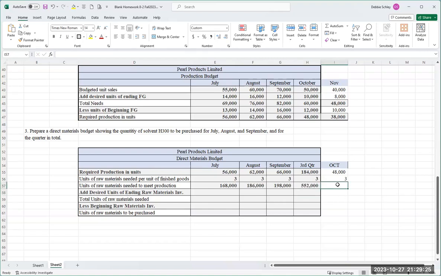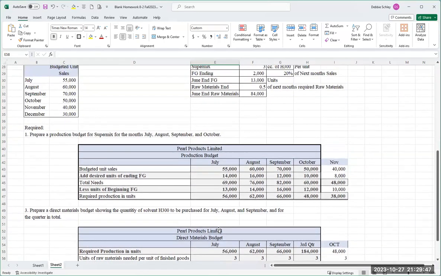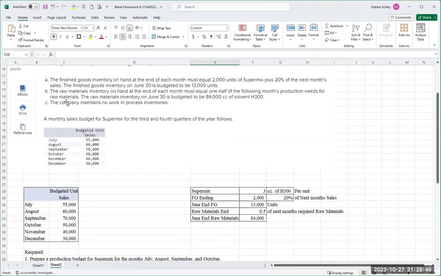Okay, and I need to know this for October as well. That's as far as I need to go for October, because now we're going to add desired units of ending raw materials inventory. You can remember what they told us: the raw materials inventory on hand at the end of each month must equal 1/2 of the following month's production needs for raw materials.